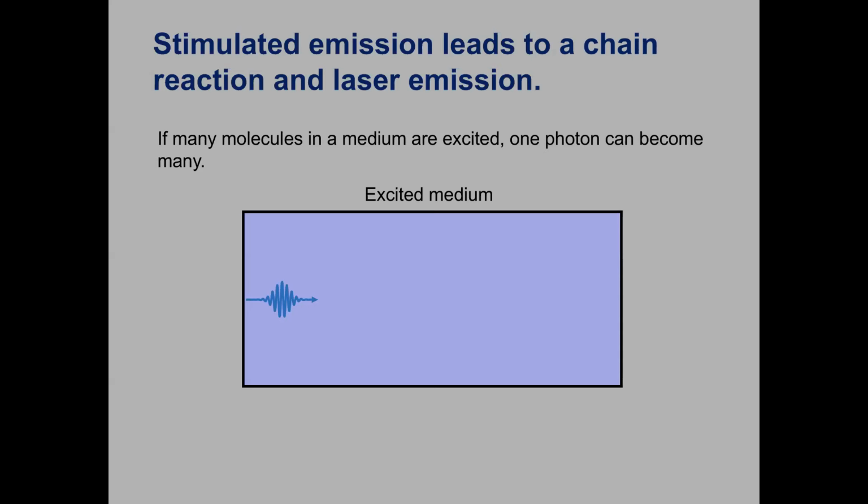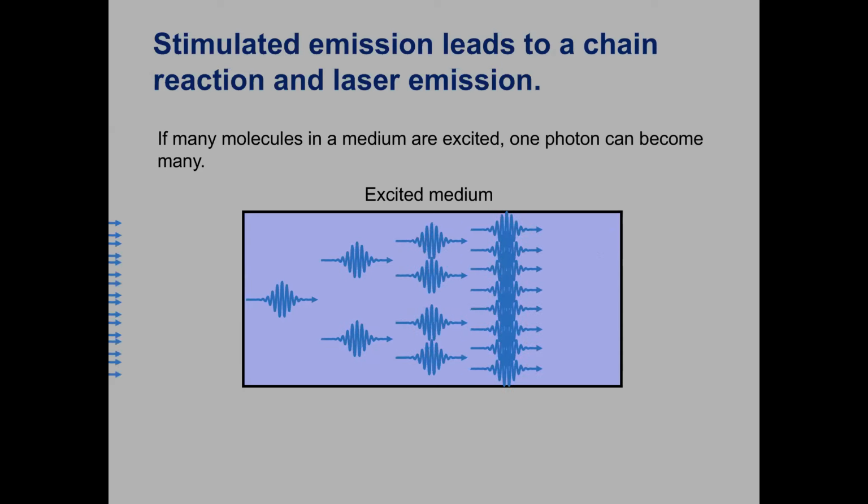If we have that case set up, the photon enters the material and interacts with the excited atom, molecule, or electron, and induces a transition to create a second photon. This process happens over and over again, and we get this doubling, cascading effect, where one photon becomes two, two becomes four, four becomes eight, and so on.